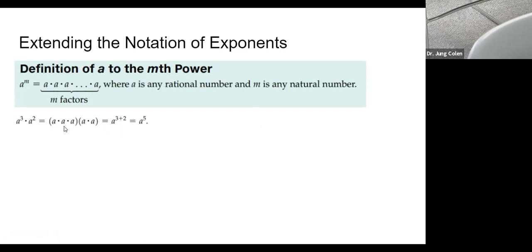So there are total 3 and 2, so 5 many a's there. So what do you notice from here? When you have a to the m's power times a to the n's power, you can just add those exponents. Make sense? Okay. So we can have a rule. A to the m's power times a to the n's power will be a to the m plus n's power. Okay?